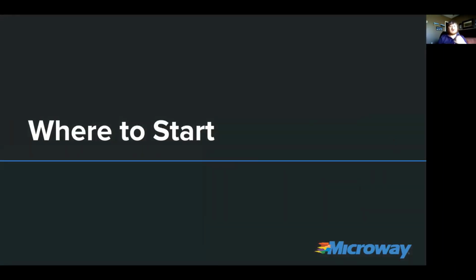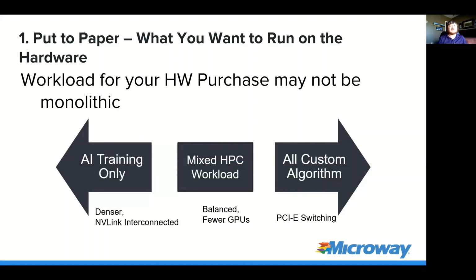So where do you start when you're embarking on this AI hardware architecting? Well, the first thing is put to paper, what do you want to run on the hardware? The workload for hardware purchase may not be monolithic. It may not be just one thing. You may have a workload that's AI training only. That's the far left of, again, this same spectrum.